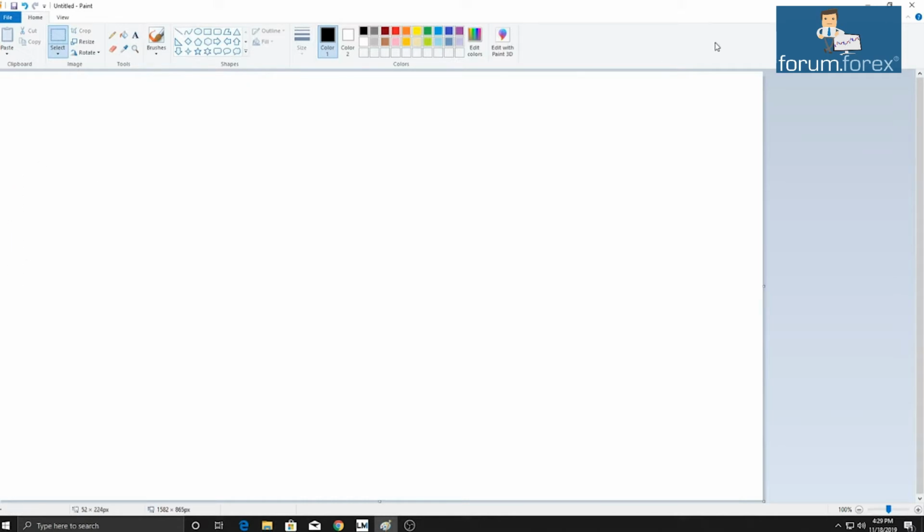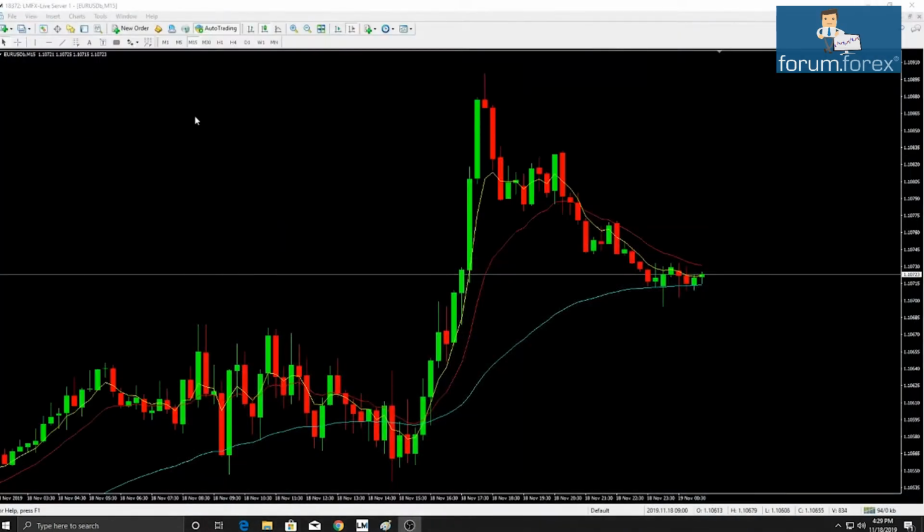So let's now go over, let's just pretend we're going to make a trade idea up. Let's say we're going to buy this. This is EUR/USD. I just want to pretend we're going to buy it. So let's just say we like what we see. We want to buy it off this 50 EMA. We want to target back up into these highs. We put our stop loss below this wick or something like that. So let's draw that out first and foremost.